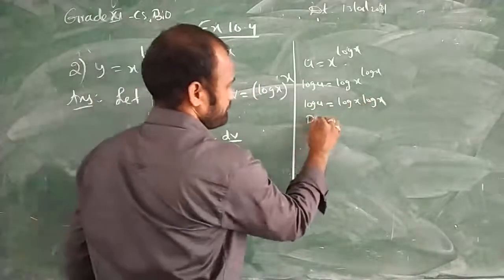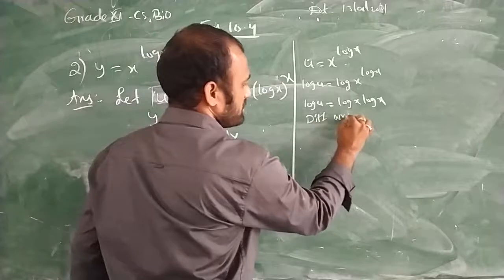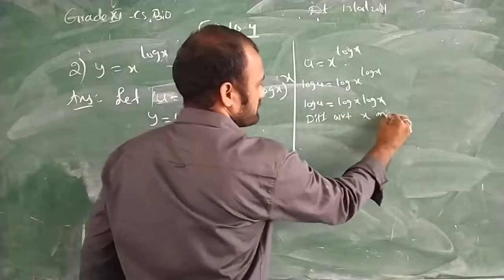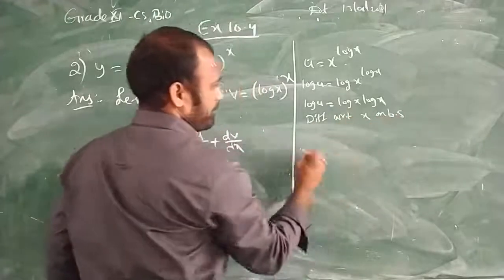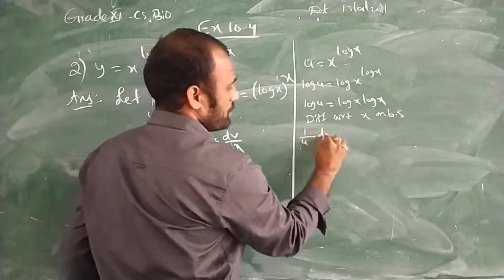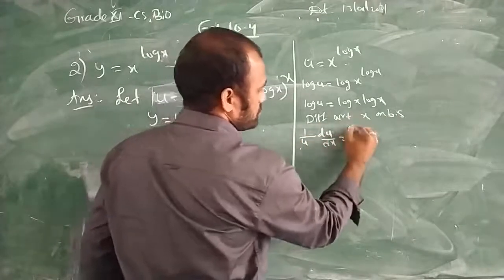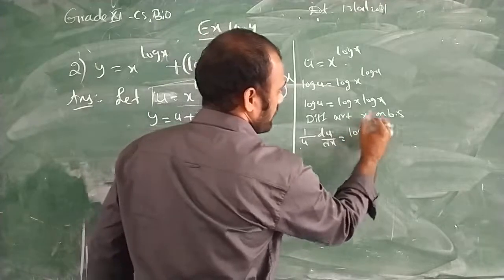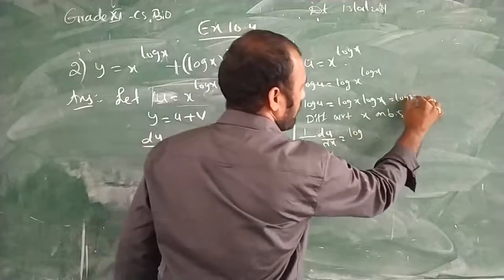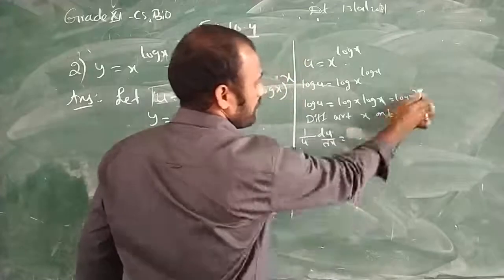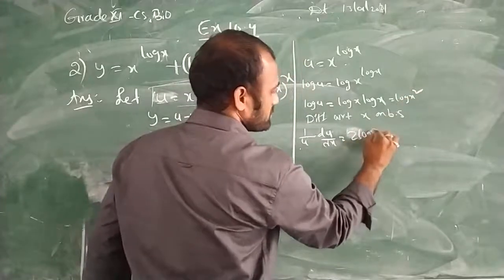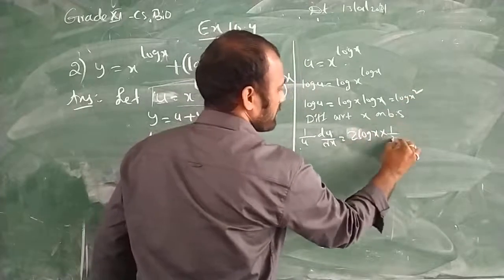Differentiation with respect to x on both sides. So it will be 1 by u du by dx. The right side can be written as log x whole square, and log x square means the derivative will be 2 log x, and the differentiation of log x will be 1 by x.